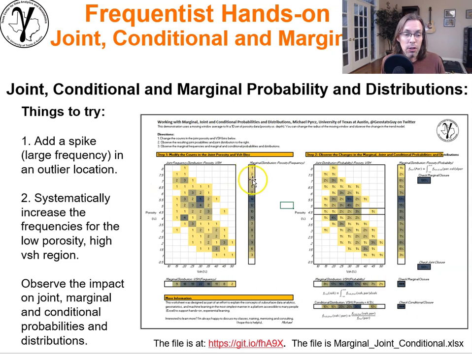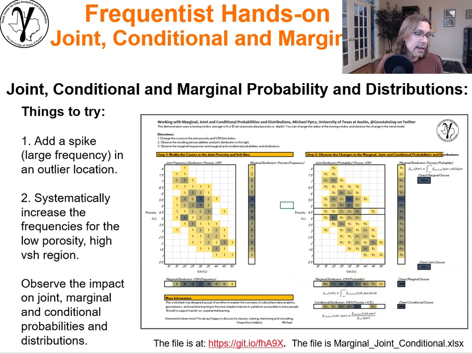It calculates the marginal frequencies, then converts them all to joint probabilities and marginal probabilities, and then it calculates one of the conditional sets of probabilities, the conditional of V shale given a porosity equal to a specific value, I think 4.5%. Go ahead and play with that and get some understanding of joint, conditional, and marginal probabilities and distributions. Probabilities are these individual measures; distributions are when you take all of them together.